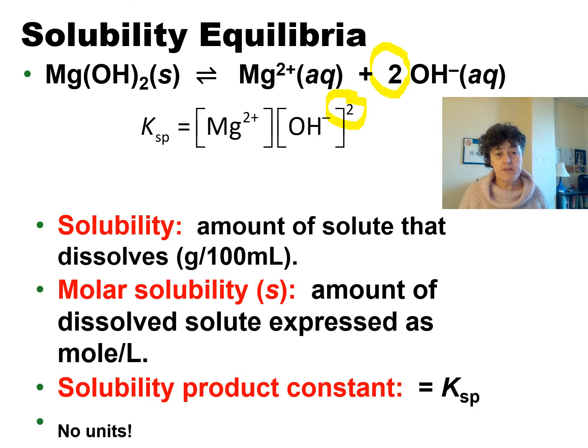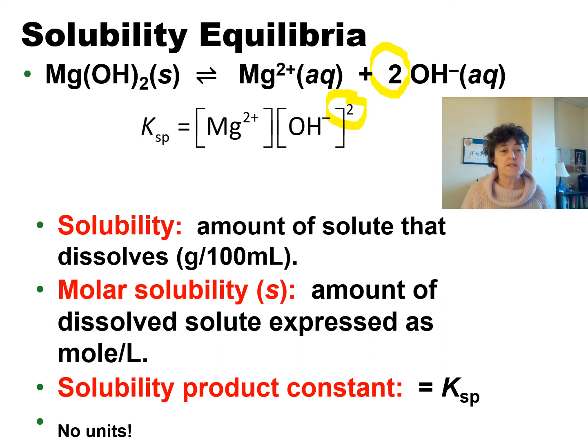So how do we measure the solubility? When we use generically the word solubility, what we mean is the amount of solute that dissolves in 100 milliliters of solution. Typically, these solutions are pretty dilute, and that means that the density of this solution is pretty much the same as distilled water, 1 gram per 1 milliliter.